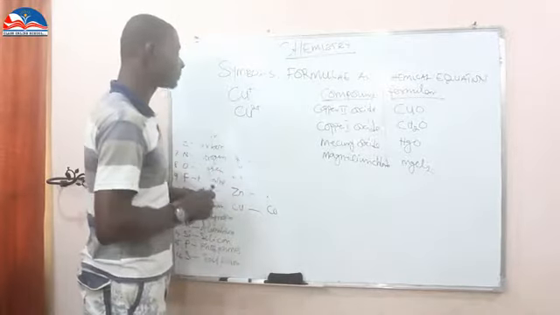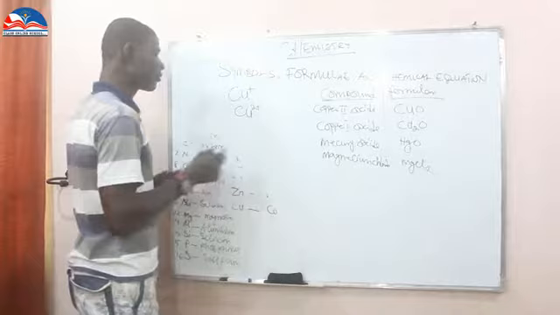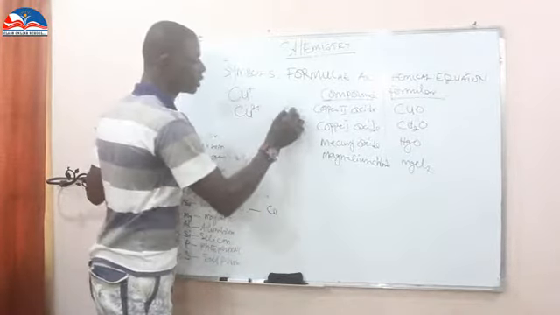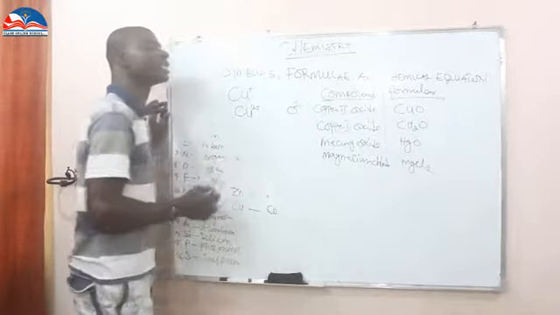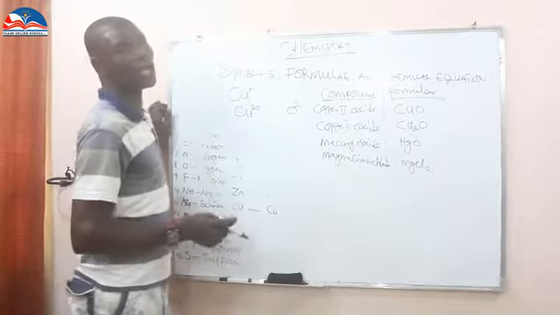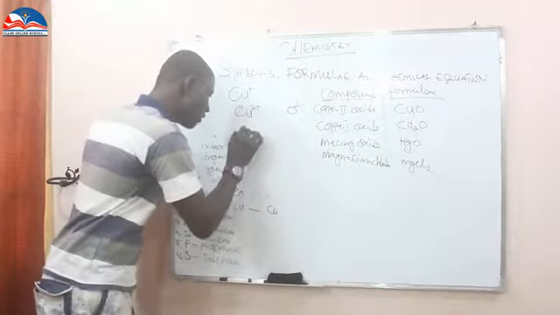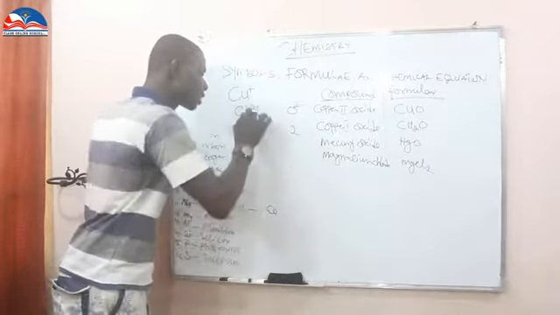So because of that, in copper 2 oxide, I have my oxygen here, the copper 2, I have my oxygen. And oxygen has also a negative 2 electron charge or radical. Now with this, I'm going to have 2 and the 2 here. Now we cross.